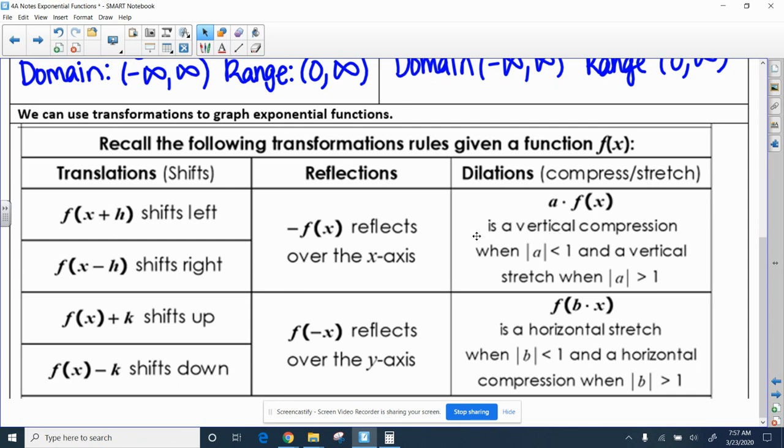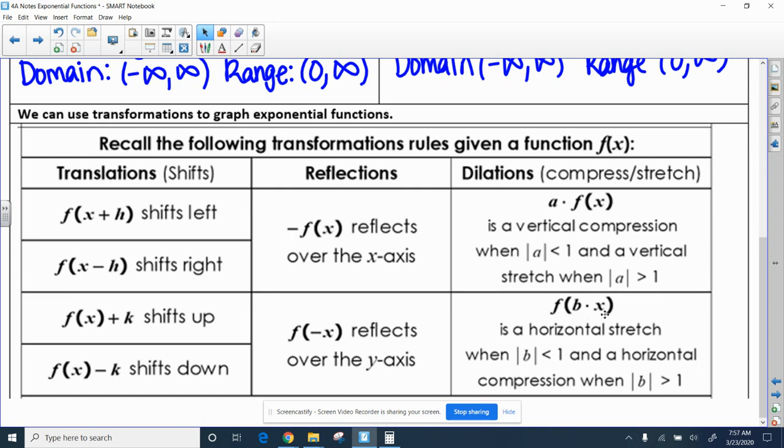So a times f of x is a vertical compression when the absolute value of a is less than 1, and a vertical stretch when the absolute value of a is greater than 1. The reason it has the absolute value of a is because we're only worrying about the number a, not whether it's positive or negative, because if it is negative, that's a reflection.